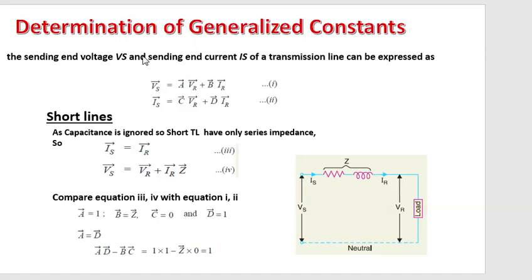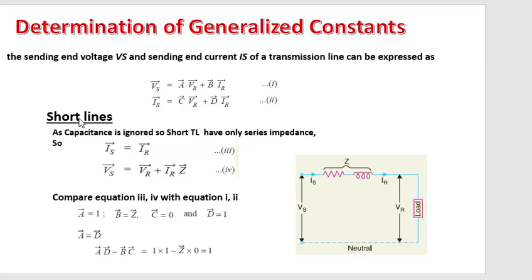As we have discussed in the previous slide, the sending end voltage Vs and the sending end current Is of a transmission line can be expressed as these two equations, where equation 1 is for sending end voltage and equation 2 is for sending end current.